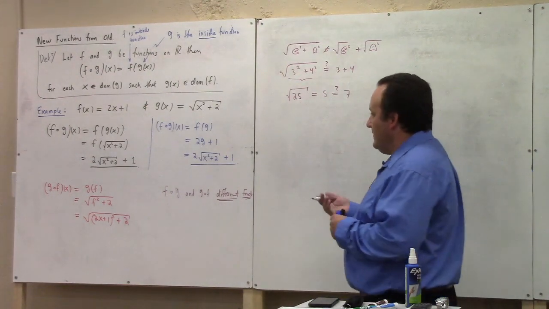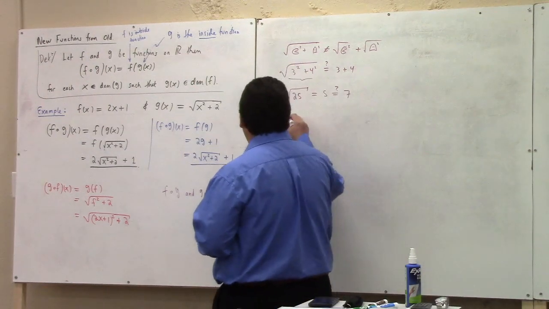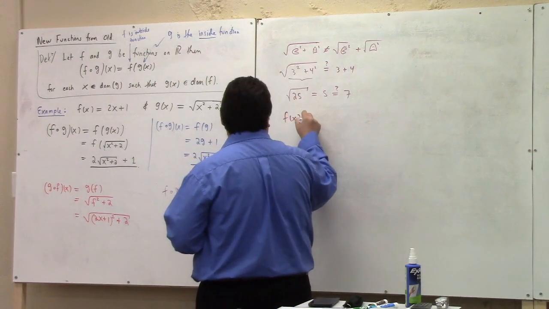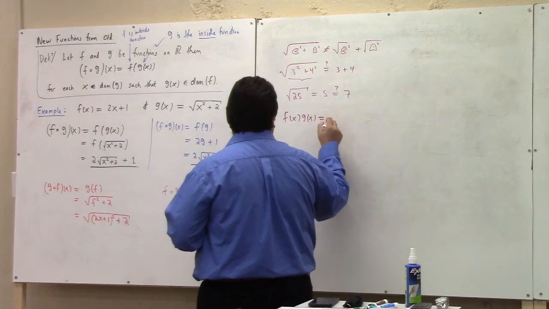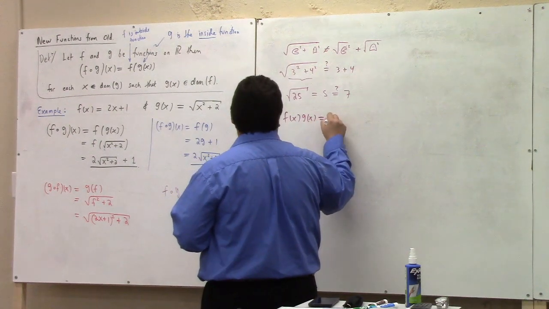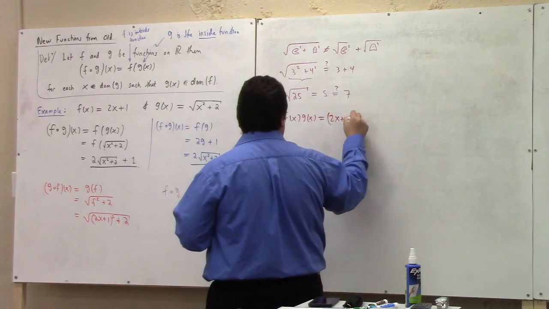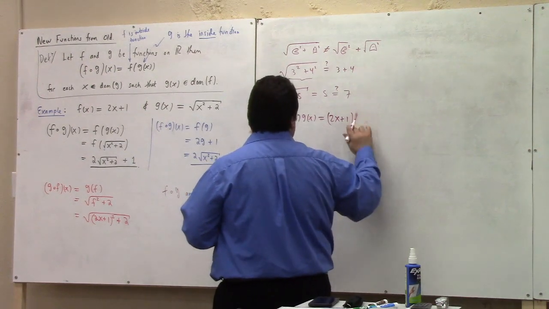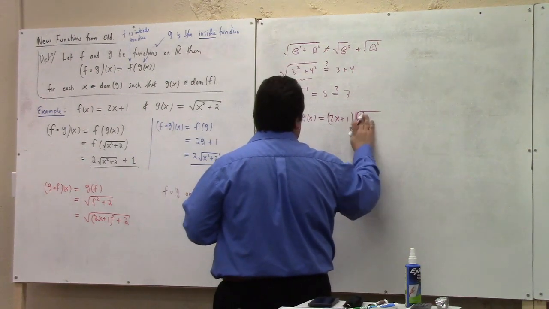What would f of x times g of x be here, by the way, guys? It's 2x plus 1 times the square root of x squared plus 2.